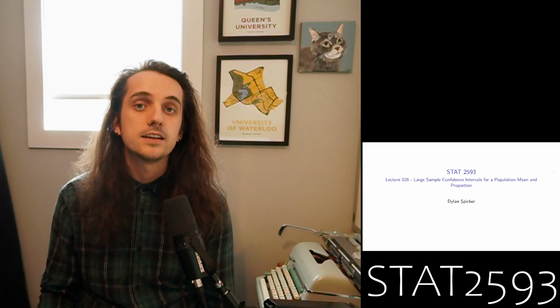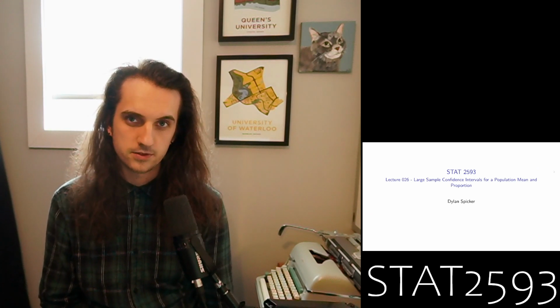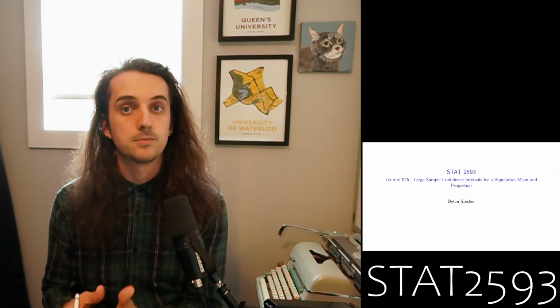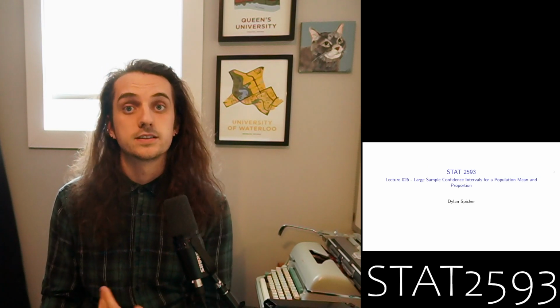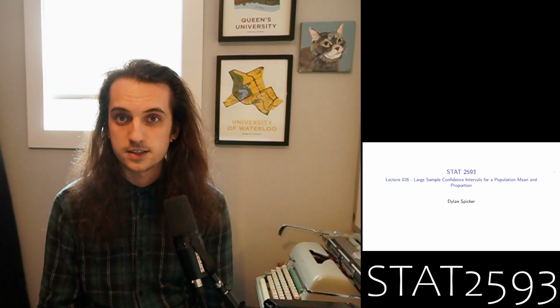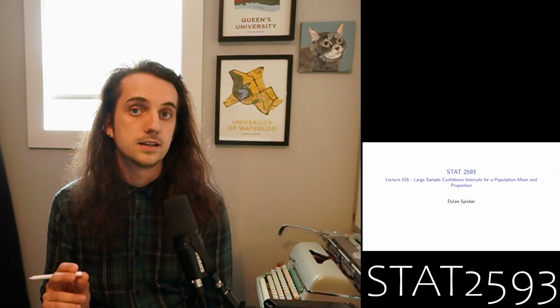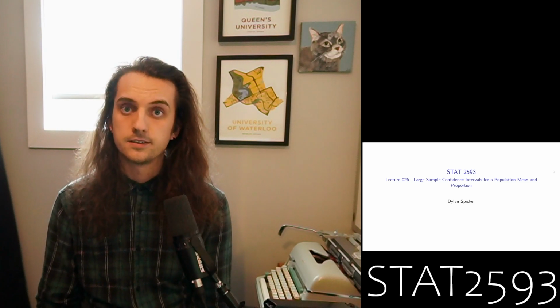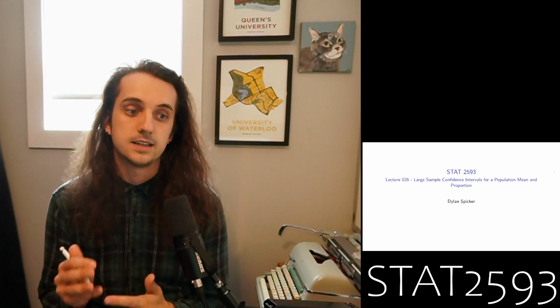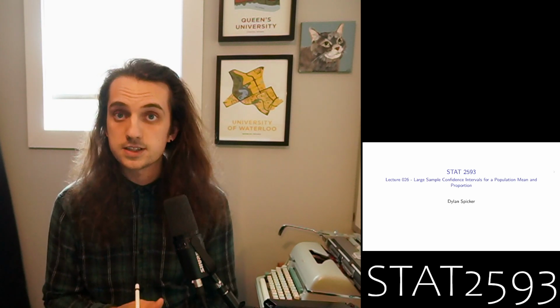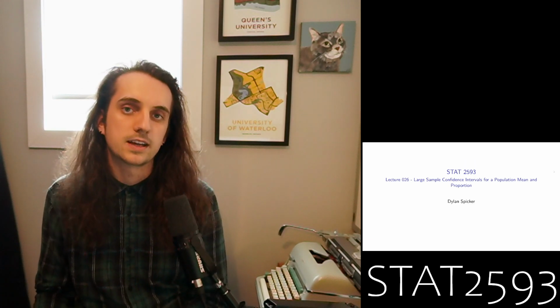So we saw in the introduction to confidence intervals what happens if we have a population which is exactly normally distributed, and we worked out how we could find a confidence interval for the mean of the population when we know the variance. So we're going to continue that type of process and look at some different scenarios here. In today's lesson, we're looking at large sample, and then over the next few lessons, we'll look at a few different scenarios as well.